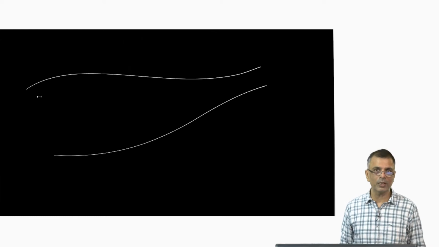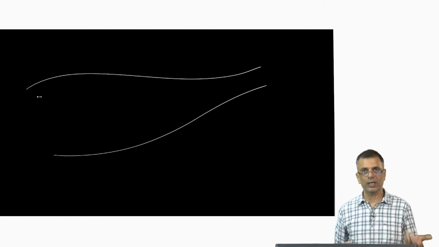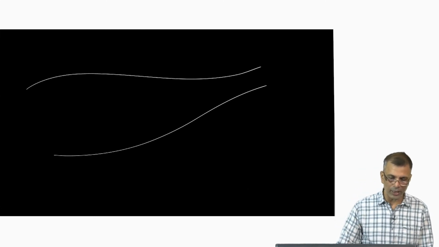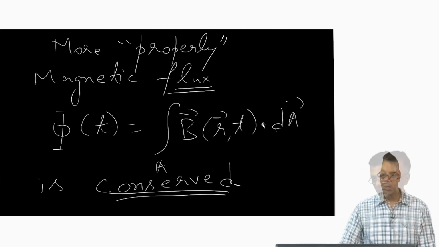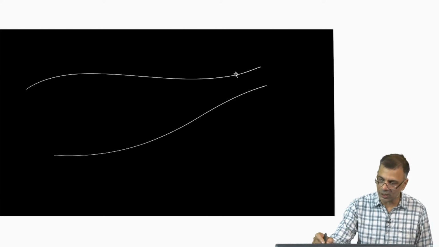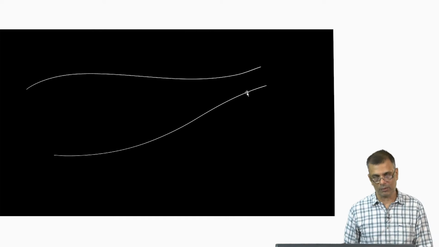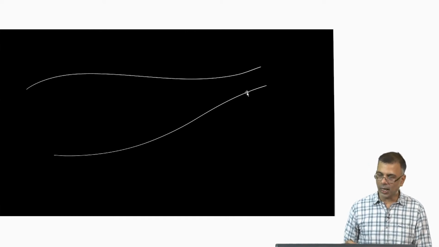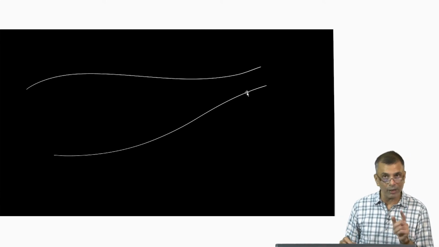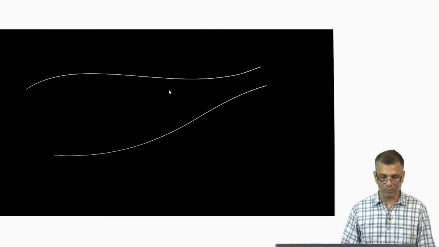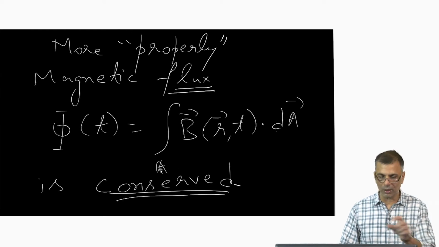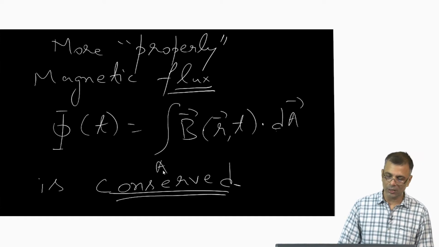What we are saying here is that the integral of the magnetic field dotted with the cross-sectional area is constant. In other words, here you see the area is smaller, where the flux tube is constricted.